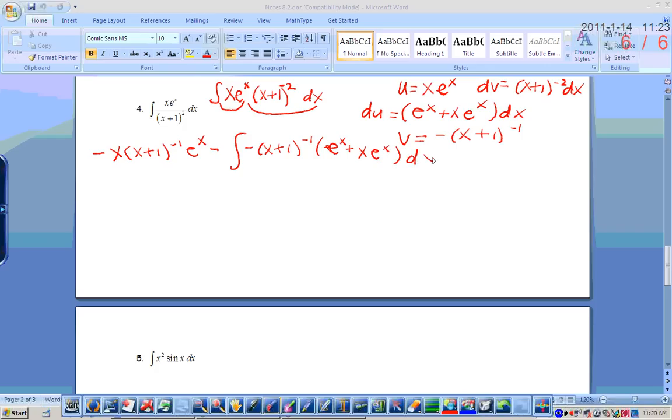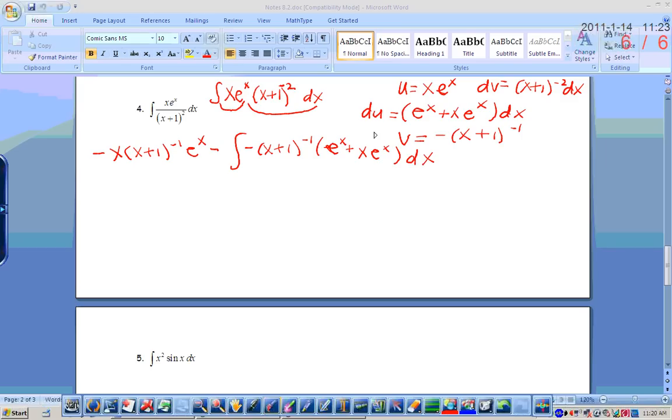Now, we don't have to do another round of integration by parts. So that means that to integrate that nasty something, somehow that integral has got to simplify.